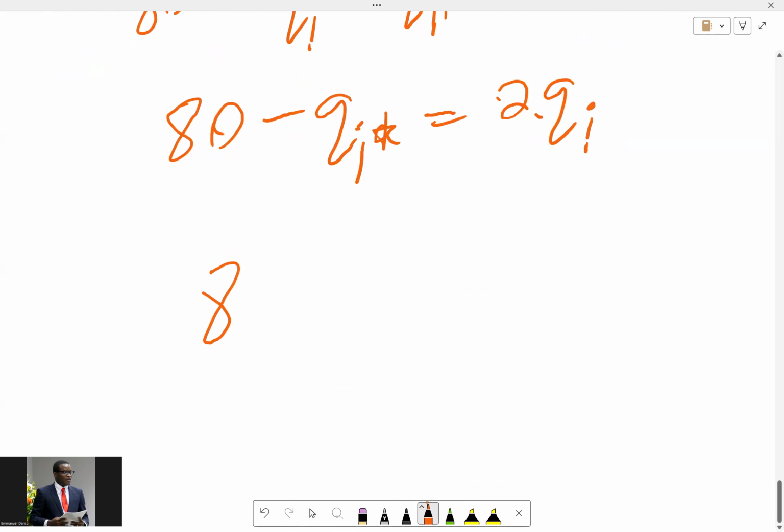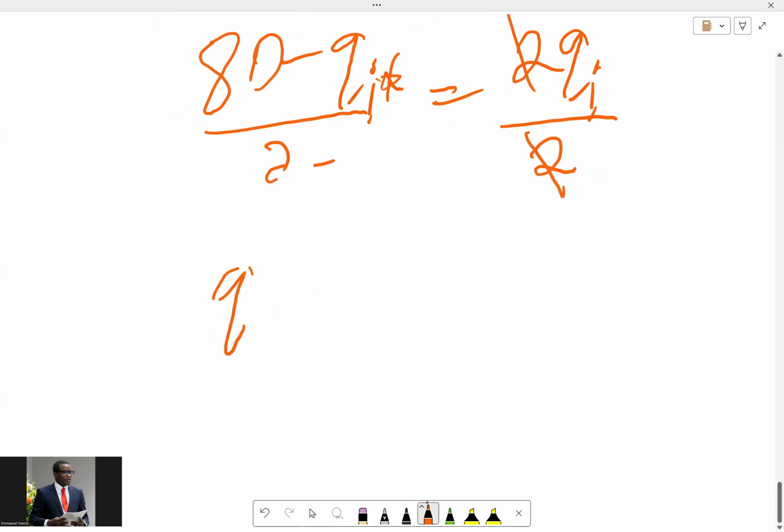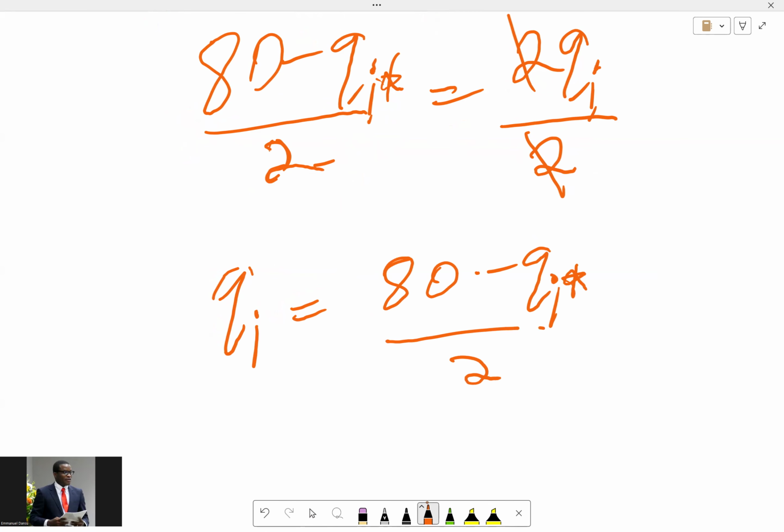So we can divide through by 2. So 80 minus qi star divided by 2 equals 2qi divided by 2. So this cancels out, and qi is now equal to 80 minus qi star divided by 2.